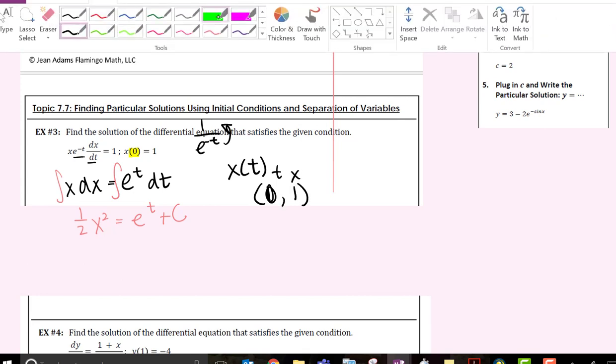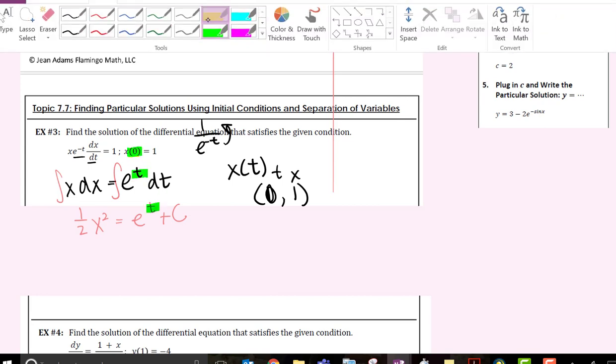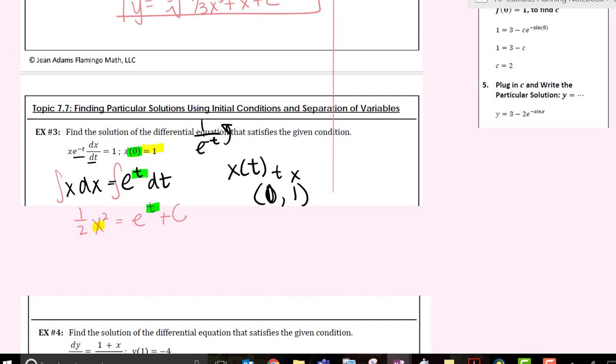Then I can start substituting in here. So that t value is 0. That x value is 1. Let's get that subbed in. We know that anything to the 0 is 1. And when I get this solved, it is already ready to go and beautiful.